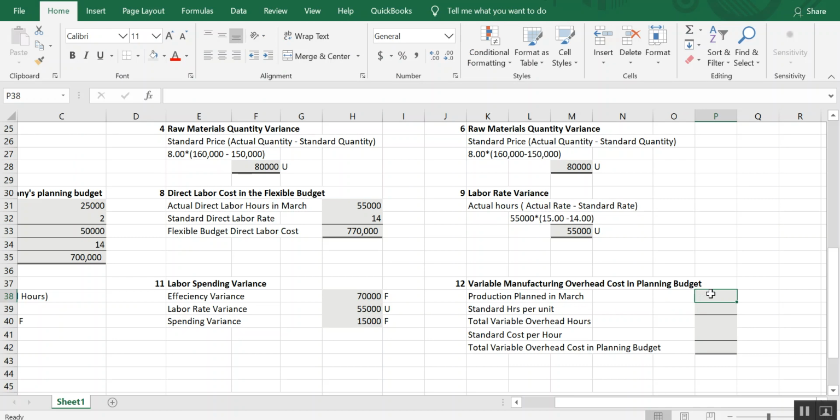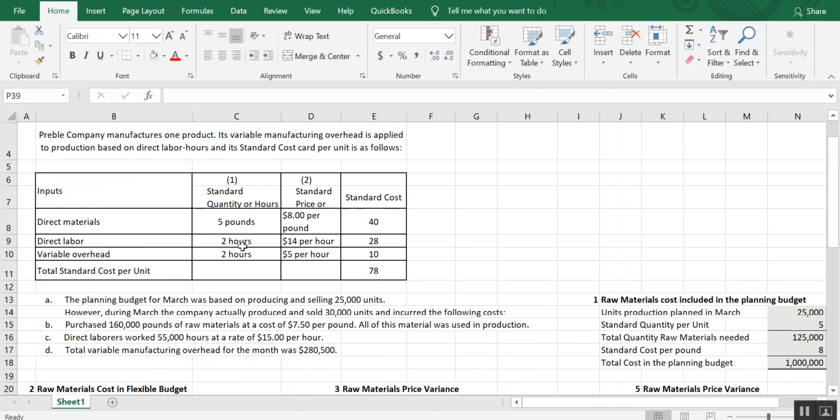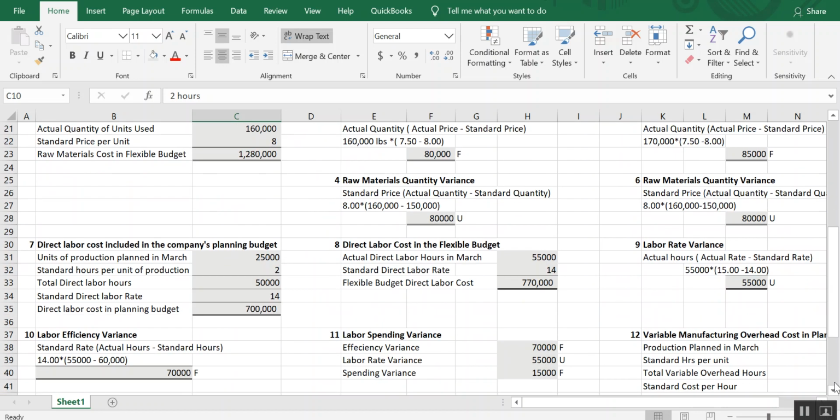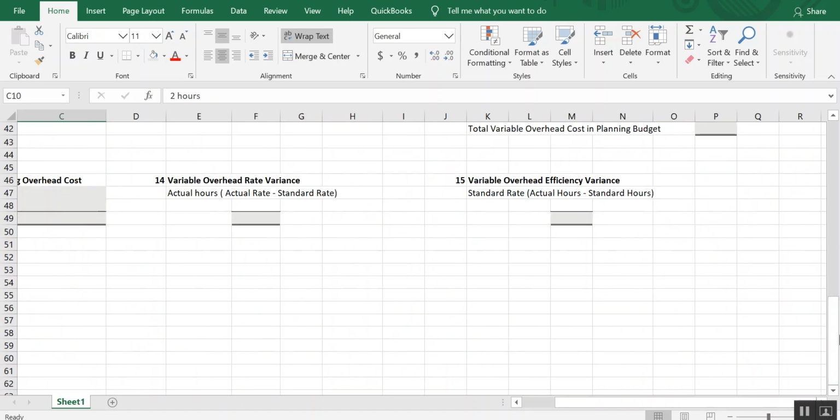So the production that we planned in March was 25,000 units. Our standard hours per unit for overhead, if we go back up here, is 2 hours per unit. So we go back down and we say, okay, we got 2 hours a unit. That means we have 50,000 hours in variable overhead.